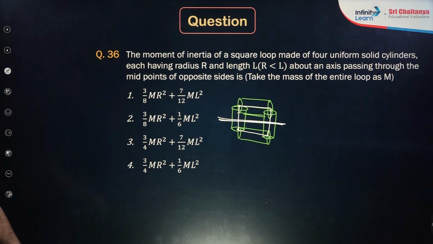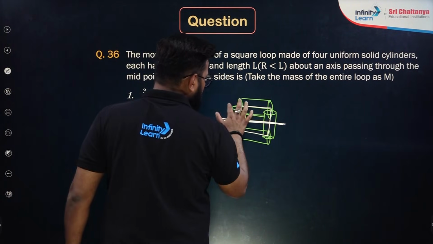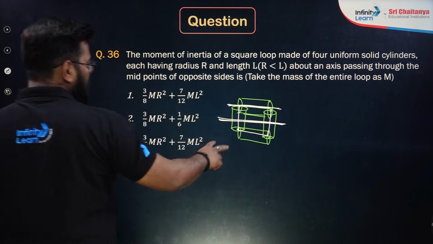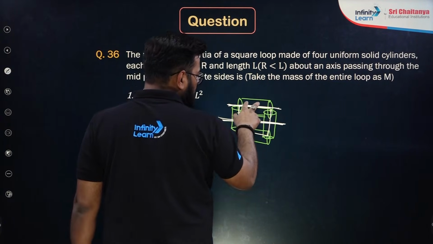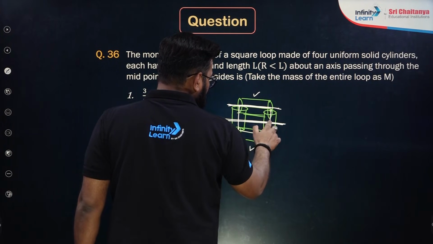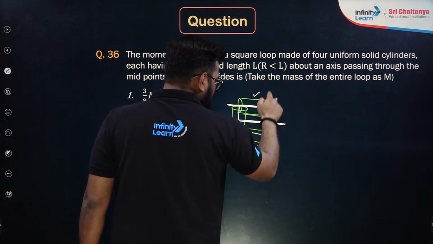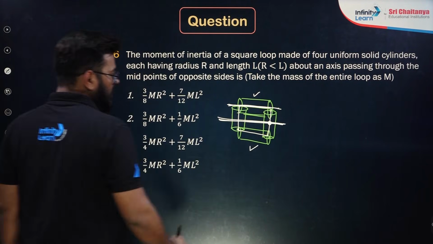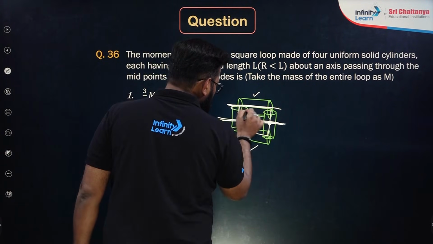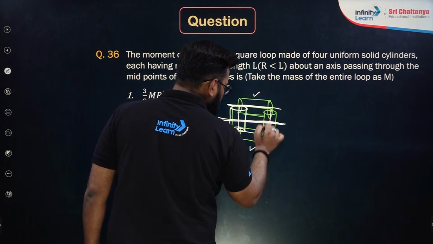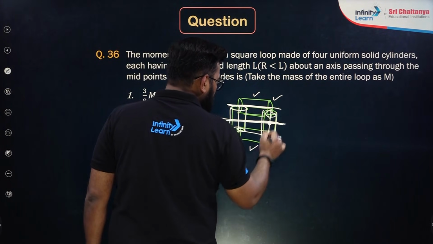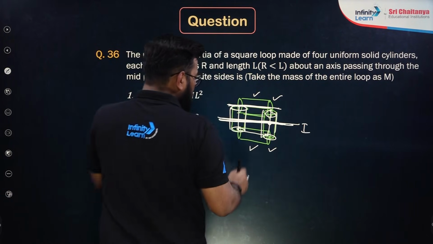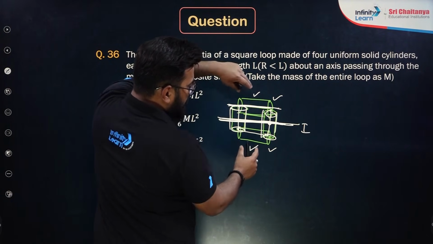Clear? So first you will have to find the moment of inertia about this axis, which is just like a uniform solid cylinder. So you can apply the parallel axis theorem for this and for this. For these two, you will have to find first along the axis and then along this, in which the radius will also be included. So about this, these two will be different, correct? And for the top and the bottom one, you need to find it about this axis, so you can apply the parallel axis theorem.